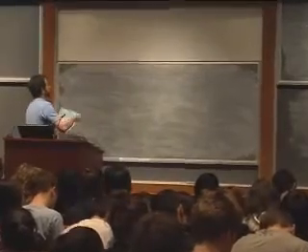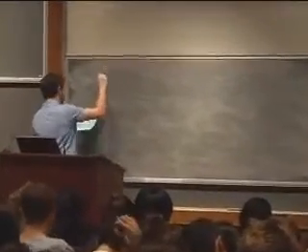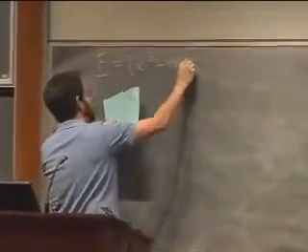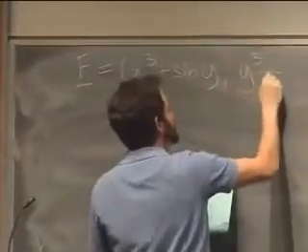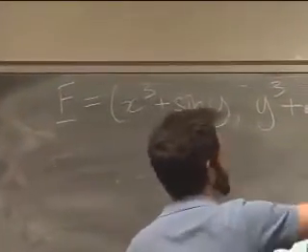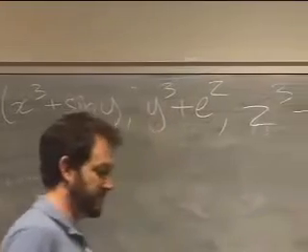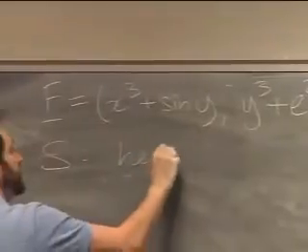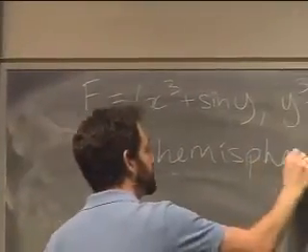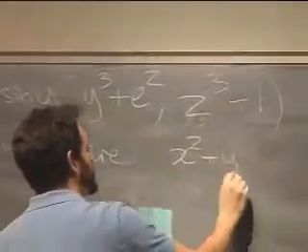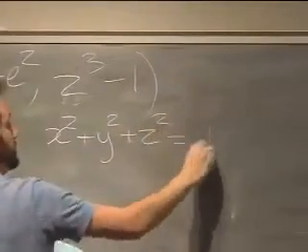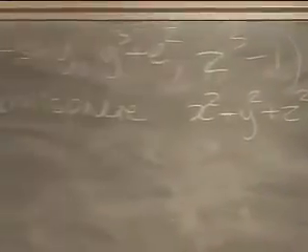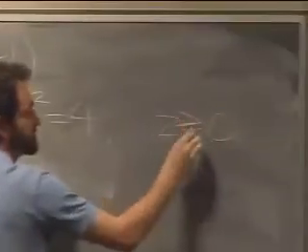You are given a vector field F, which is this: x cubed plus sine y, y cubed plus e to the z, z cubed minus 1, your standard disgusting mess. And the surface S that you care about is the hemisphere x squared plus y squared plus z squared equals 4, and z greater than 0, rather.